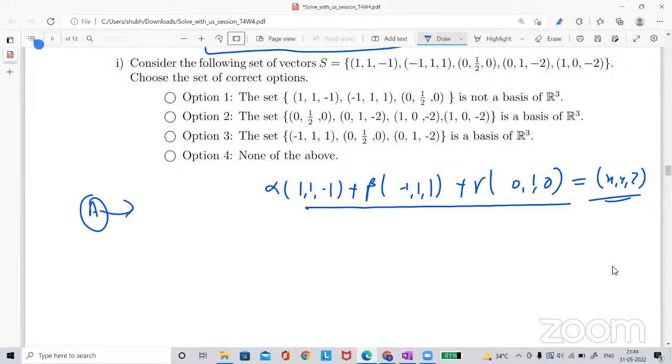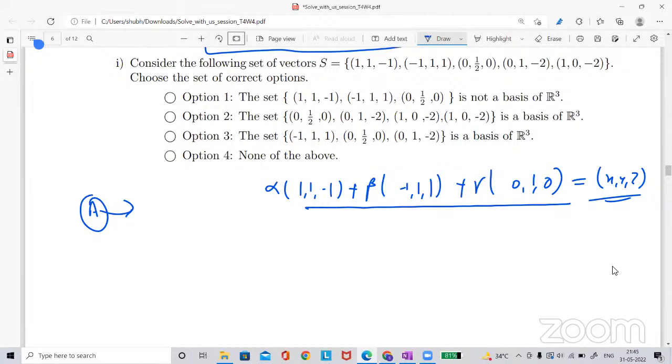If that system has infinitely many solutions, it means that set is not going to be a maximal linearly independent set or a minimal spanning set. In that case you have to eliminate some vector from that set, you have to minimize, because you have an extra vector, that's why it gives infinitely many solutions.